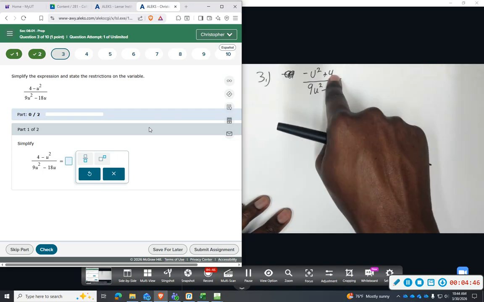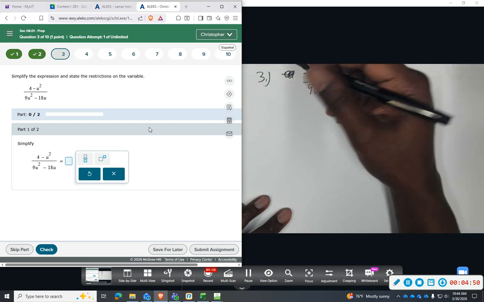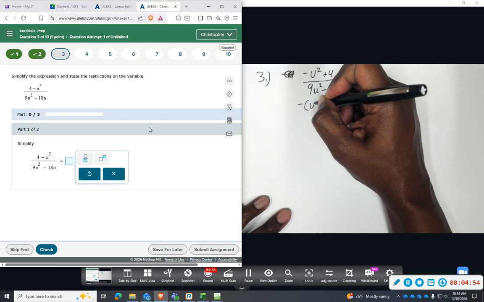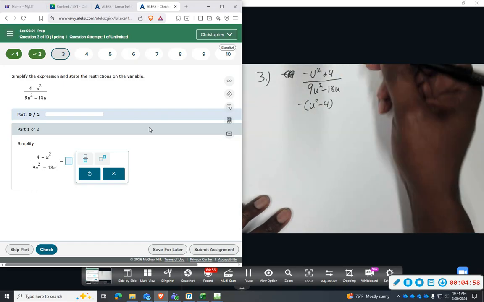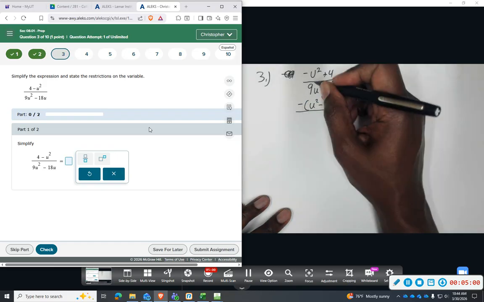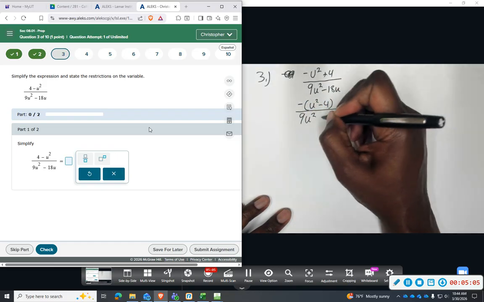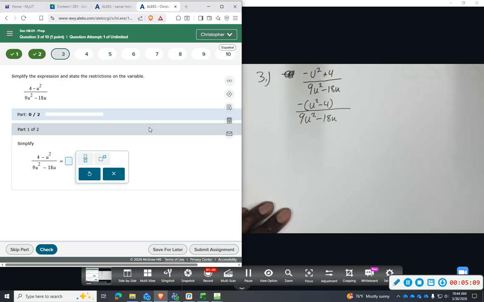Now we can't do difference of squares because it has to be a minus in the middle, so I'm going to factor out that negative now. So this will be a negative on the top, and then it will be a u squared minus 4. So that gives me my negative right there. And then this is over 9u squared minus 18u, and then now we will factor.